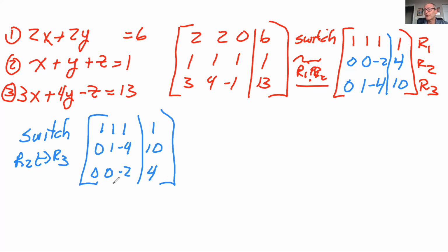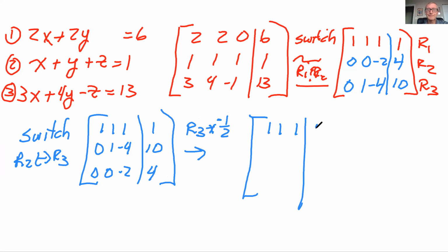So to get it in the row echelon form, the last step we need to do is to do what? Take row 3 and do what with it? Multiply it by -1/2. And so if we do that, we have 1, 1, 1, and 1 again. 0, 1, -4, and 10.